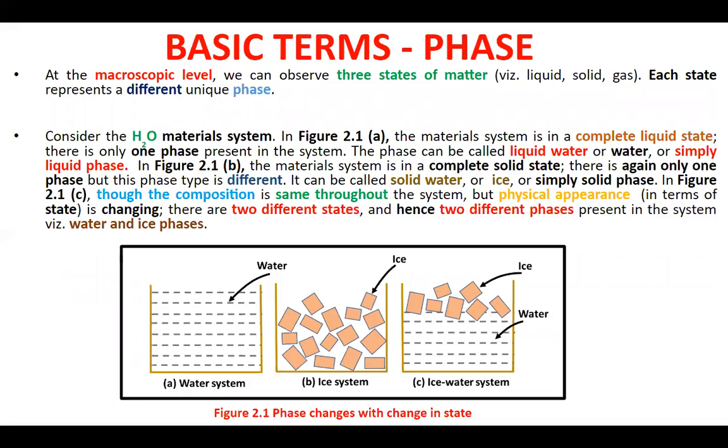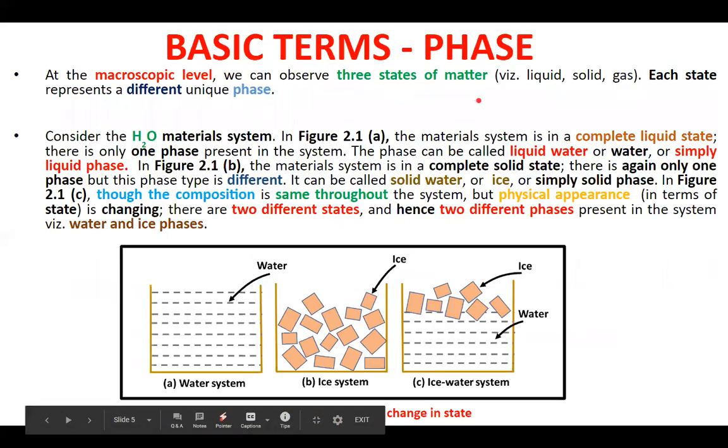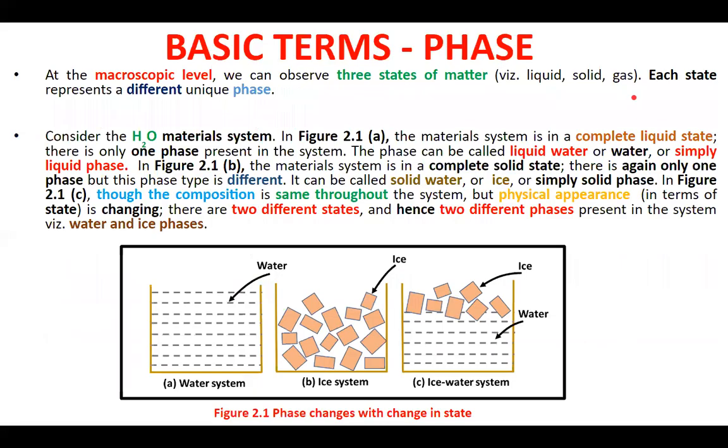So if you talk about this term on the macroscopic level, you see there are three states of matter: liquid, solid, gas. And whenever a material system is in any of these states, it would be a different phase. For example, if you have a particular material system in the liquid state, it has got some phase in it.